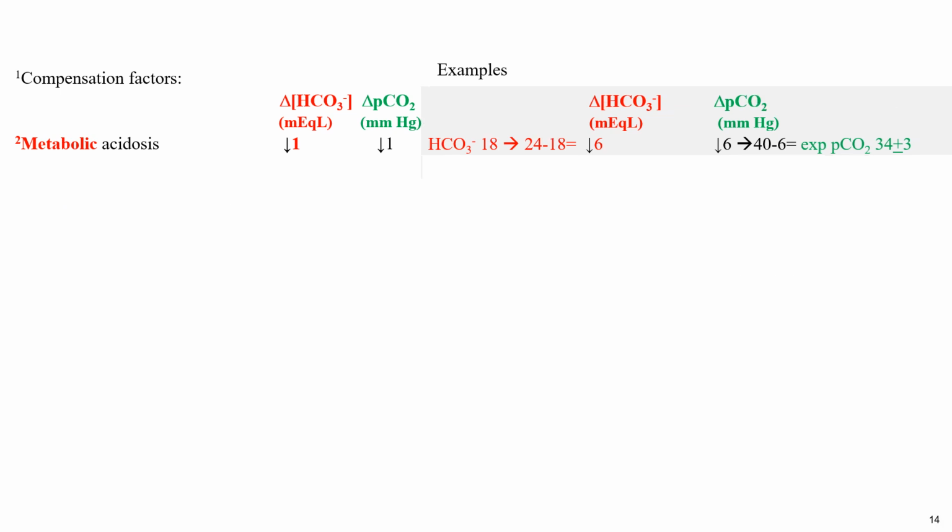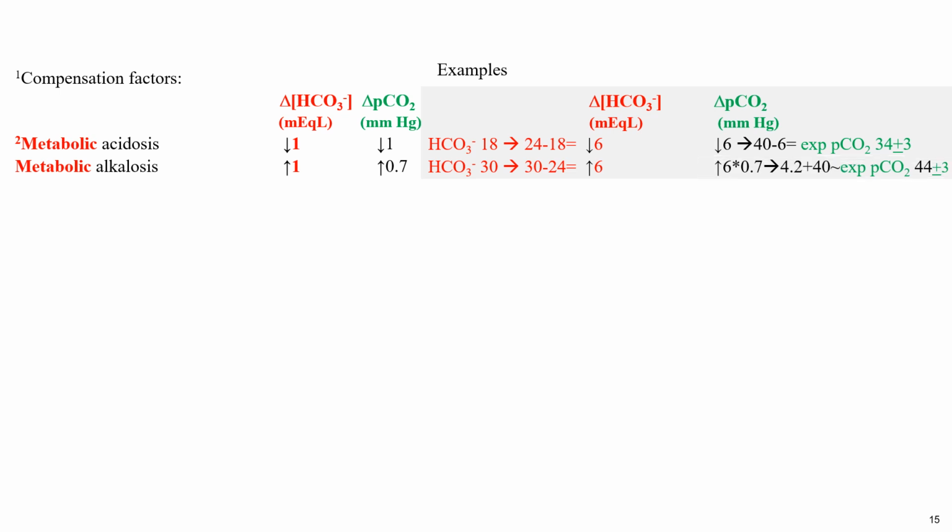Moving on. For metabolic alkalosis, for every 1 increase in serum bicarbonate, PCO2 increases by 0.7. Example, for metabolic alkalosis with a serum bicarbonate of 30, serum bicarbonate increased by 6 from the normal bicarb of 24.